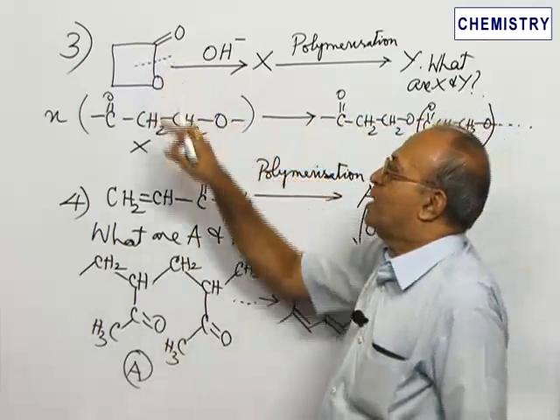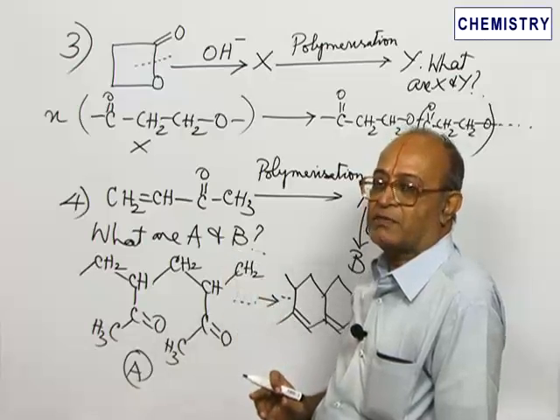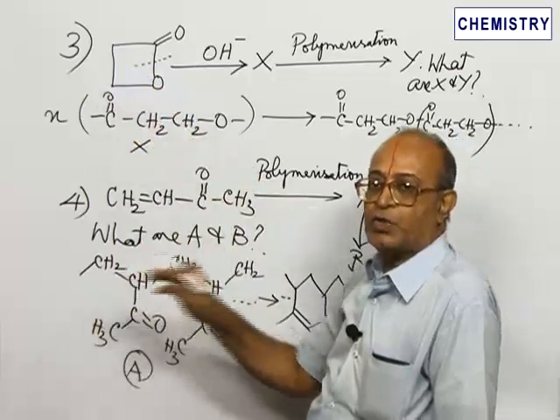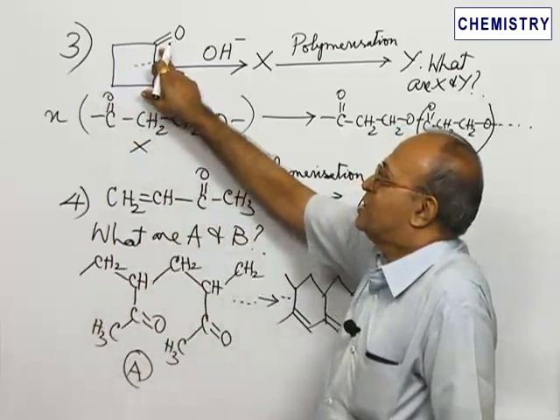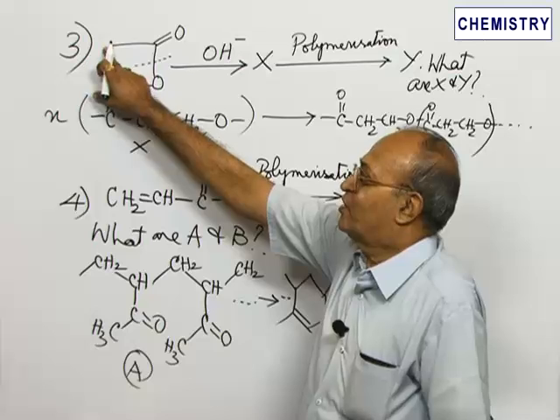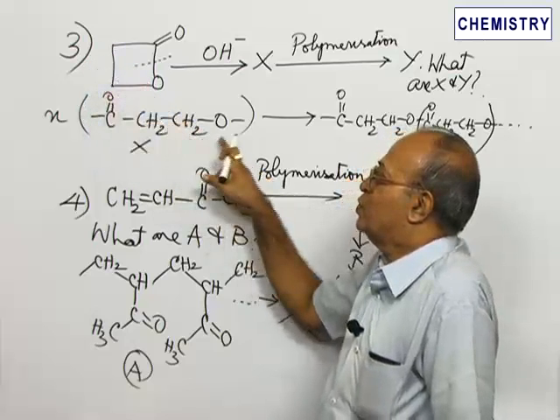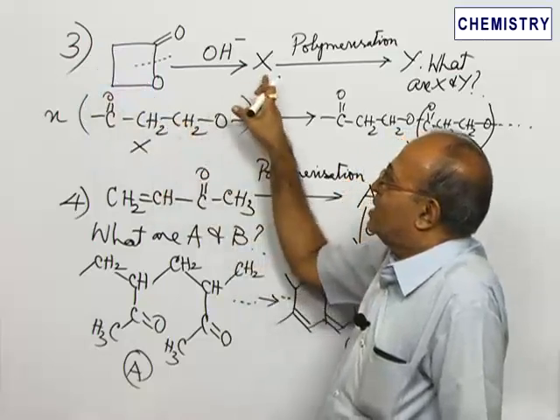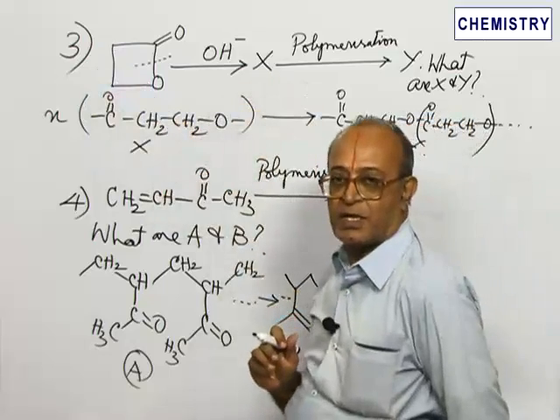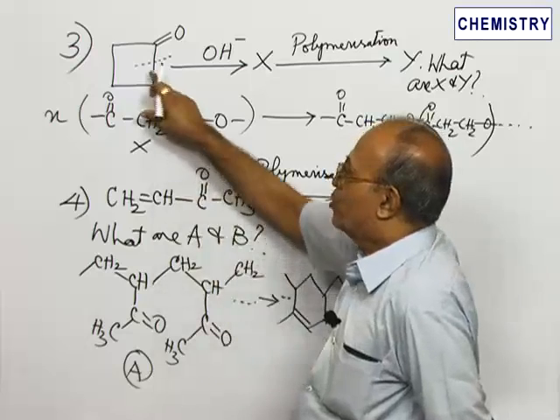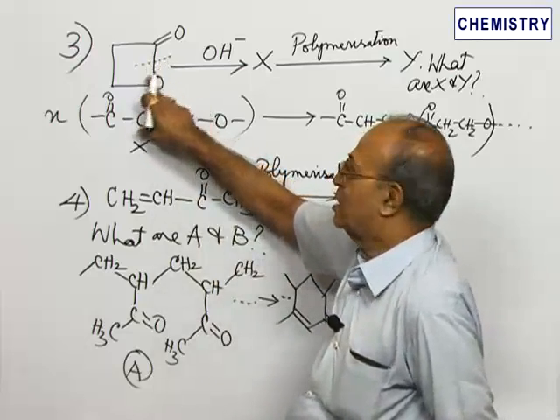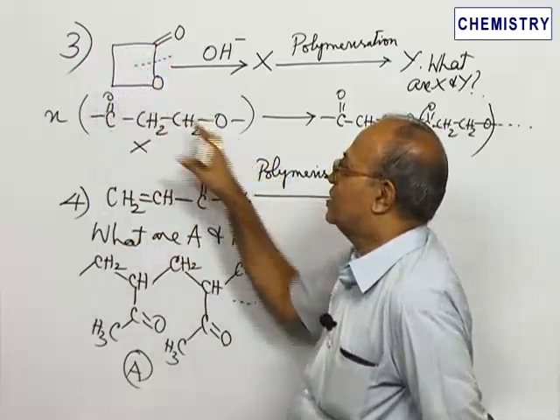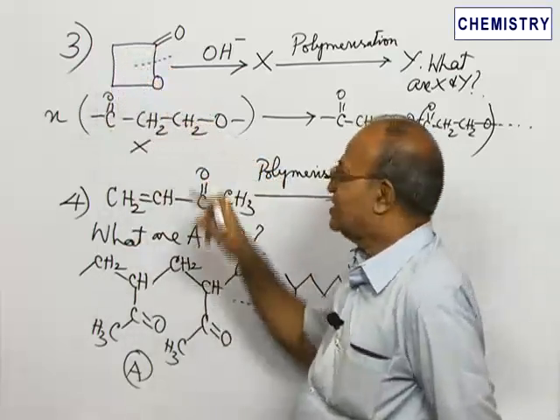So, in presence of OH minus, this ring compound breaks into a linear compound CO, CH2, CH2O. So, X that is formed is due to the breaking of this ring structure at this point. So, we get CO, CH2, CH2O. This is X.